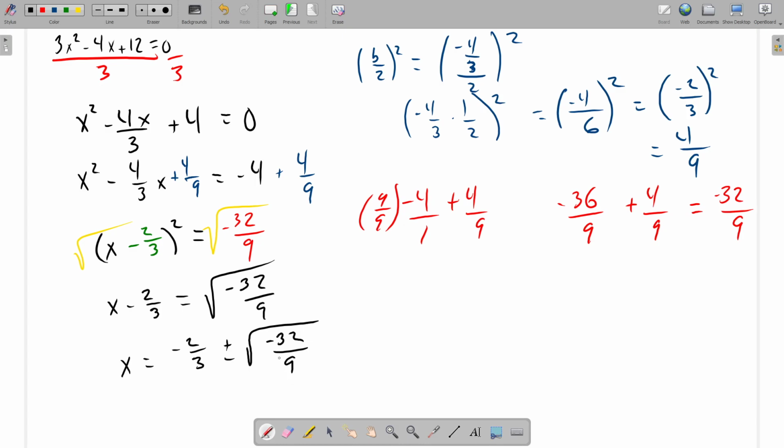So although we've essentially solved this and gotten an answer, this negative here means that we don't get any real solutions. So we've done all this work to show that there are no real solutions.